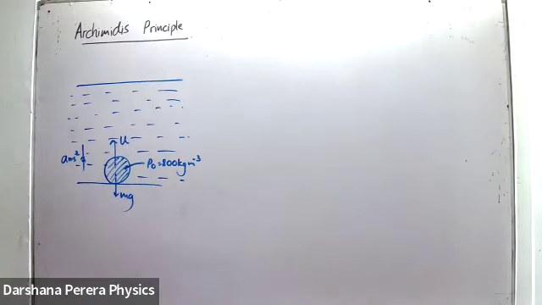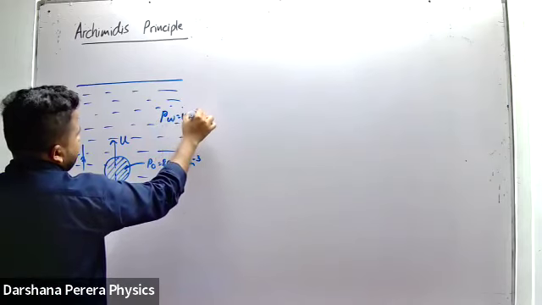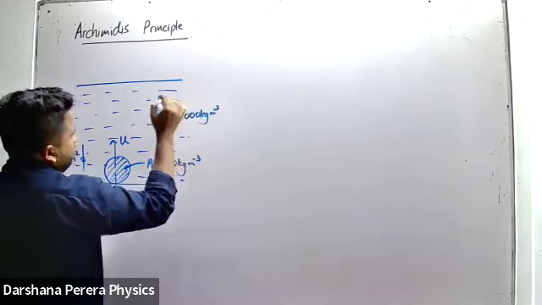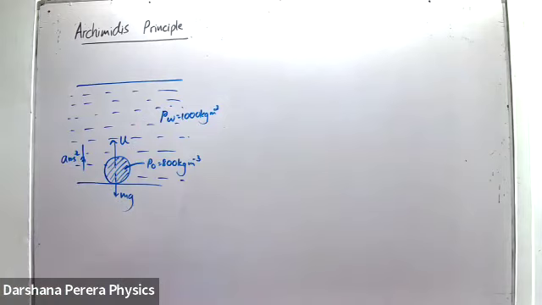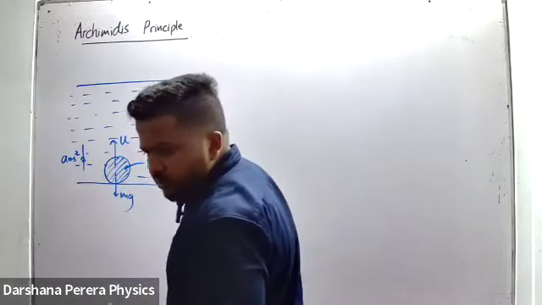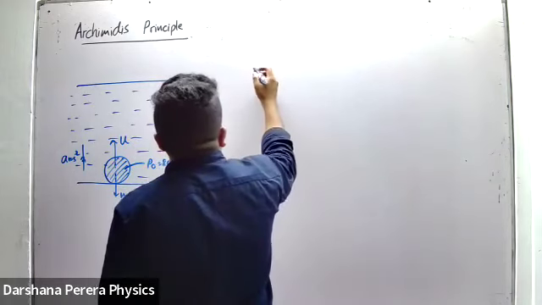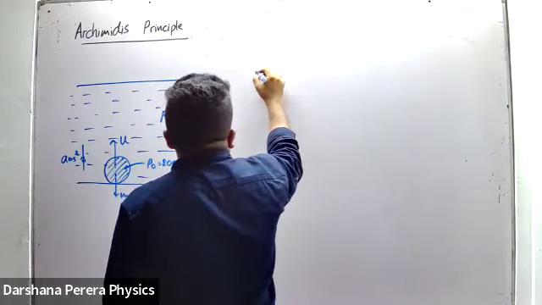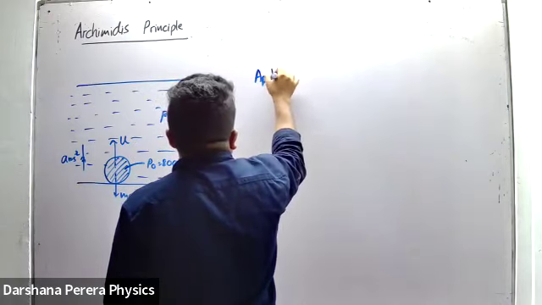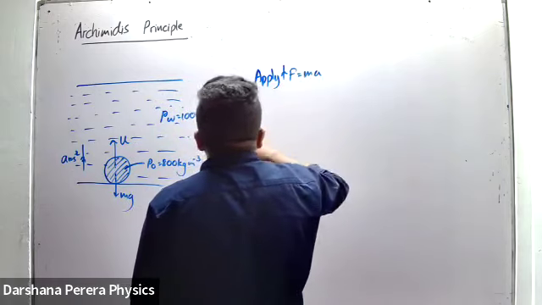It's going upwards. Why? The density of this one is lower than the density of the water. Okay, do that. Therefore, for that case, we have to apply F equals ma in the upward direction.